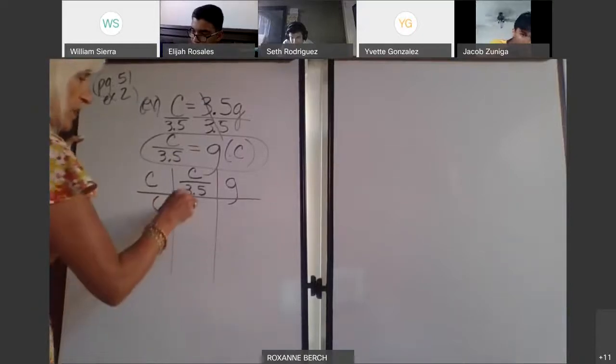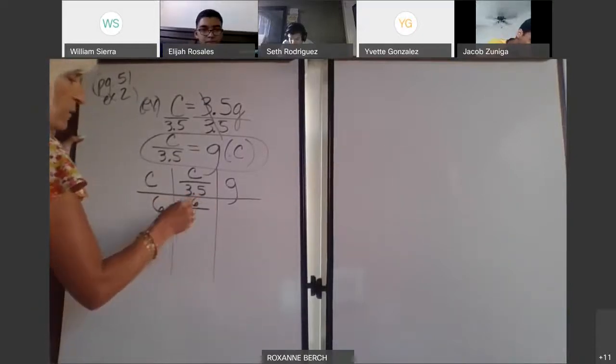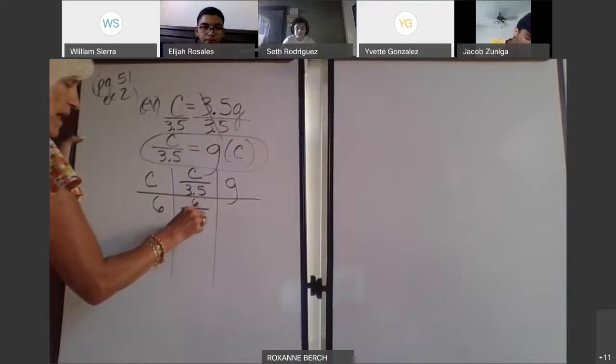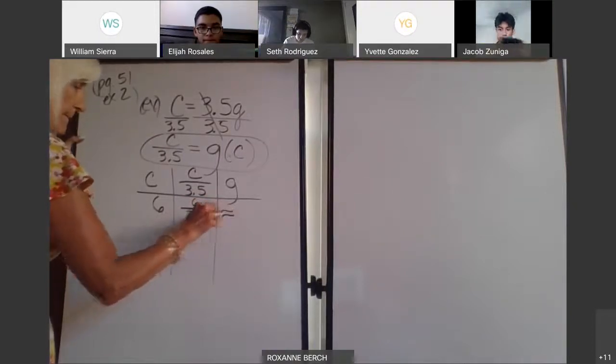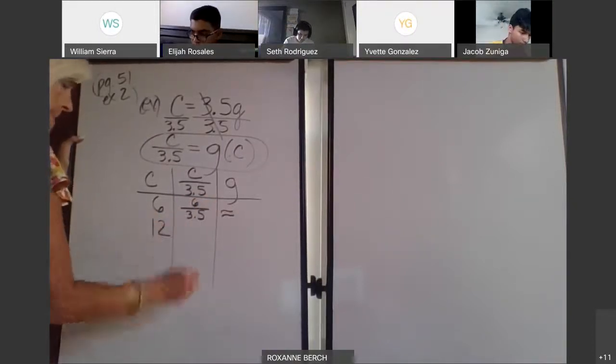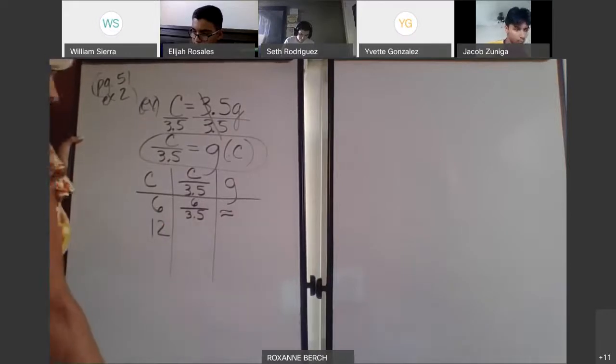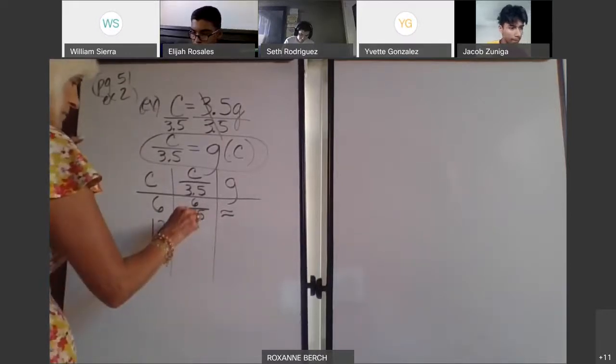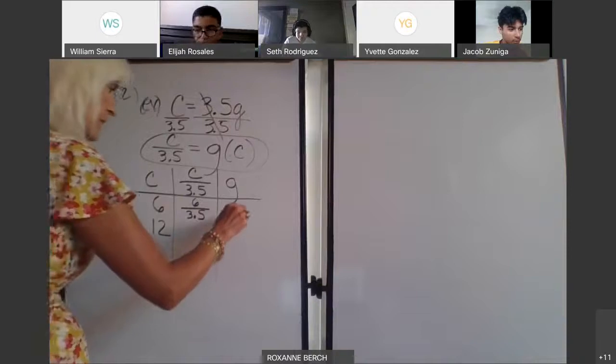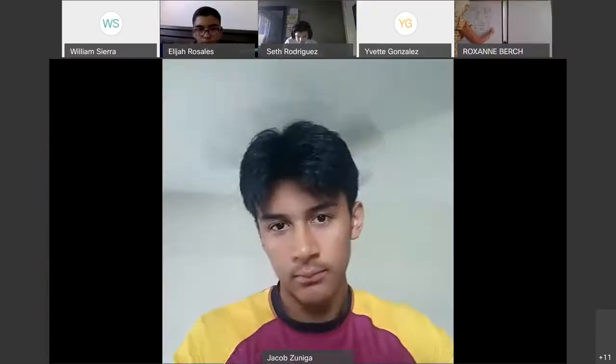So can you do me a favor? On your calculator, tell me what's 6 divided by 3.5? I got 1.71. Okay, good.